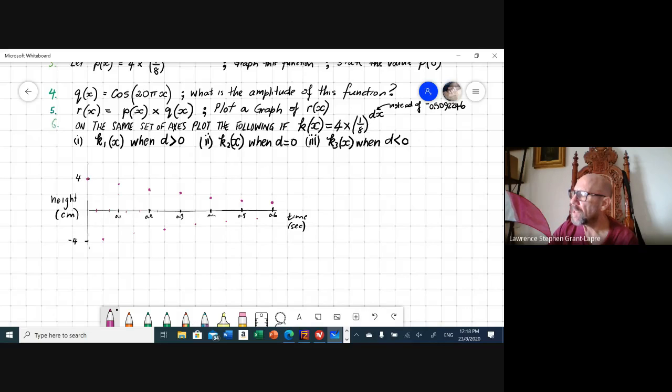at the quarter of a cycle. It'll cross at 0, and then we can draw our graph. It's only approximate.